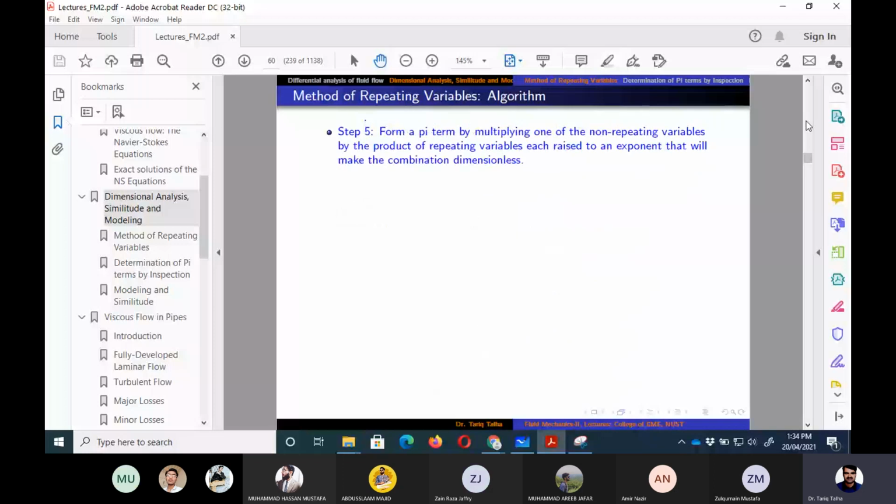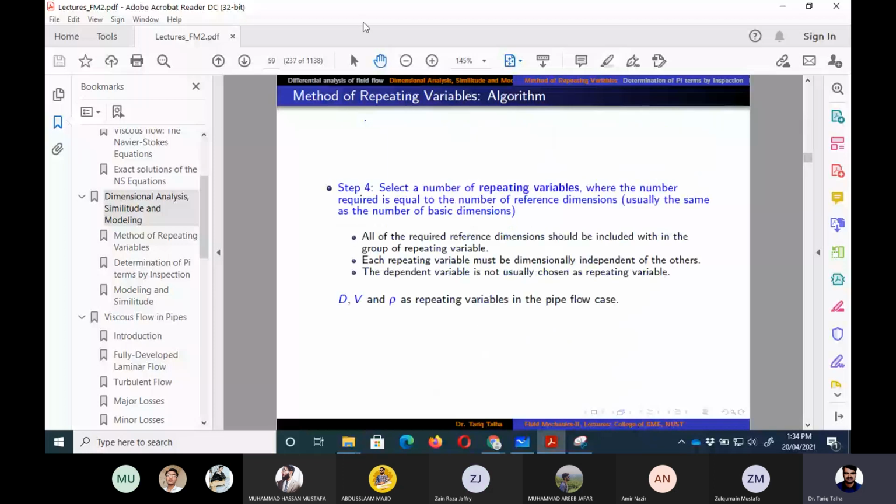Here, step number 4 says: select a number of repeating variables, where the number required is equal to the number of reference dimensions. Reference dimensions are basically the basic dimensions needed to describe those variables. Usually they are 3, so in most cases the number of repeating variables is 3.